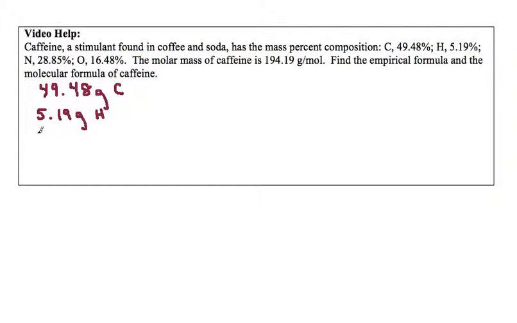I've got 28.85, so this part's really not that bad, 5 grams of nitrogen. And then finally, I've got 16.48 grams of oxygen.